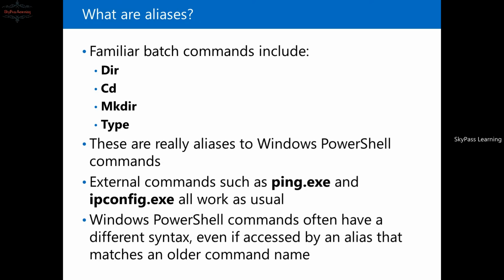These commands are automatically integrated with your Windows PowerShell, and you can execute them. Same as ping and ipconfig, the external commands which are available in DOS also work fine with Windows PowerShell. So it's just an additional alias, or an additional component, available that you can utilize.